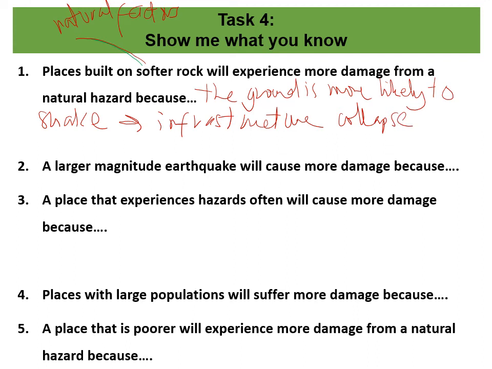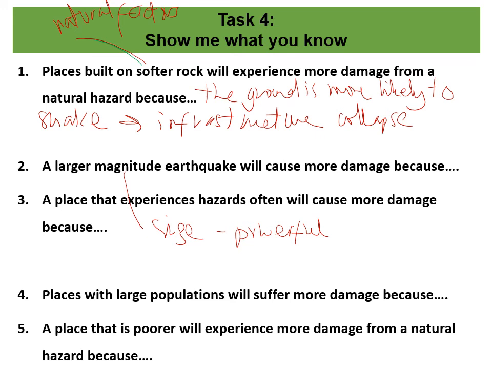Number 2 then, a large magnitude earthquake will cause more damage because, well, remember that the magnitude is talking about the size. So if the size of the earthquake is more powerful, it means that the ground will vibrate at a more intense speed.